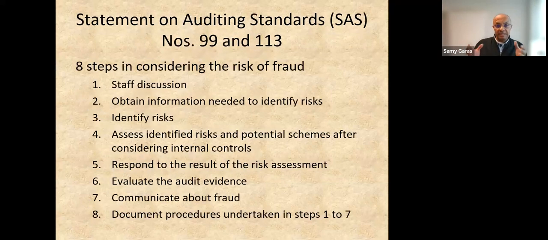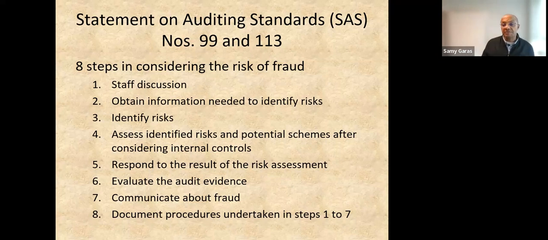Usually, there are steps the auditor should make, and as you can see it on the screen, he has to discuss the issue of fraud, the risk of fraud with the team. So this one, we call a staff discussion, and then get the information needed to identify the risk, whether it's high risk or medium risk or low risk.